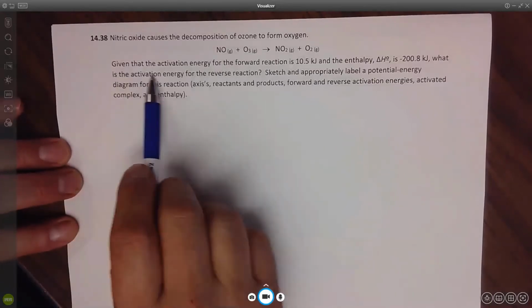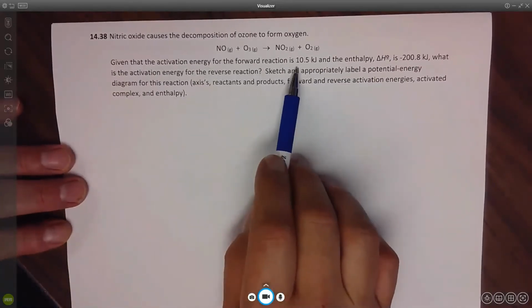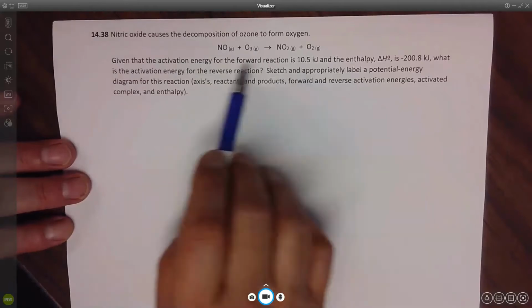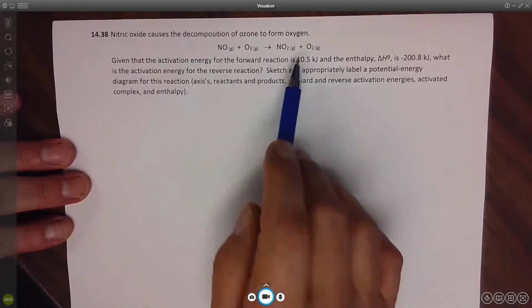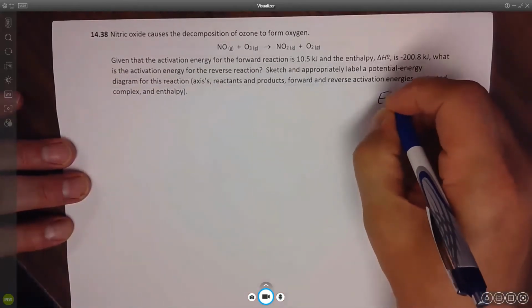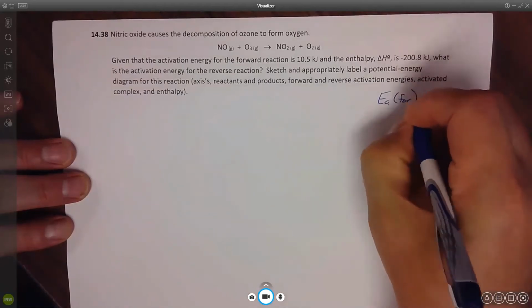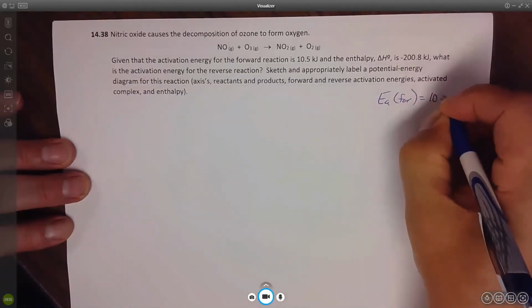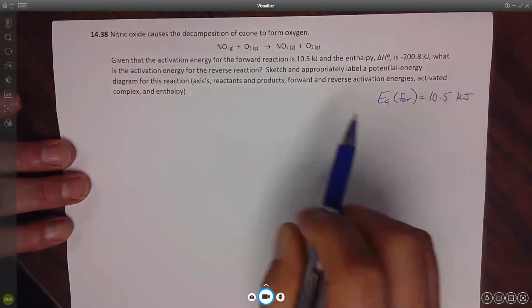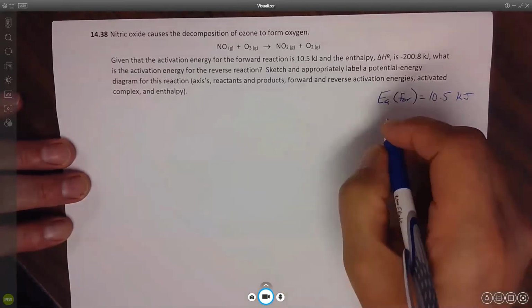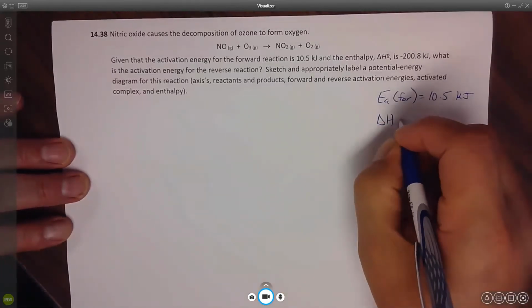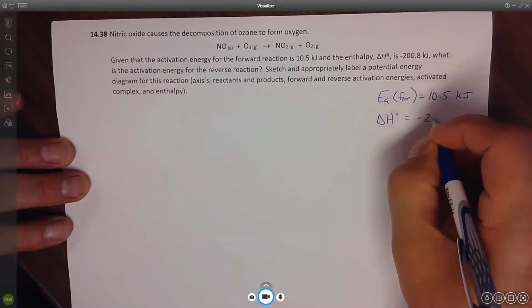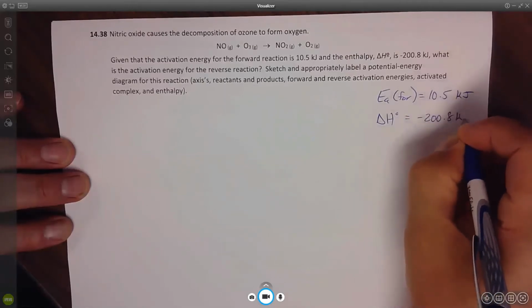Okay, so given the activation energy for the forward reaction, I know that the activation energy forward is equal to 10.5 kilojoules. And the enthalpy is equal to negative 200.8 kilojoules.